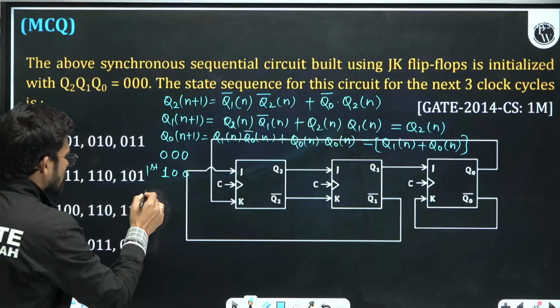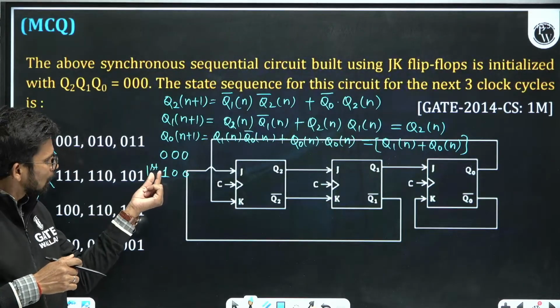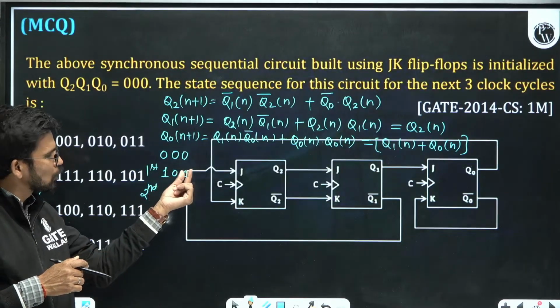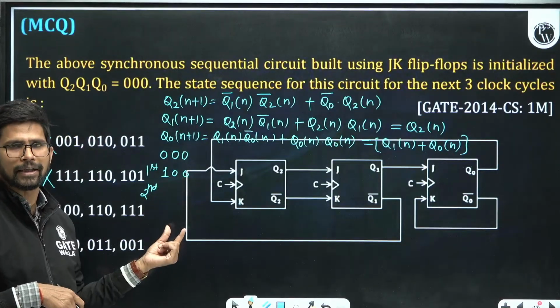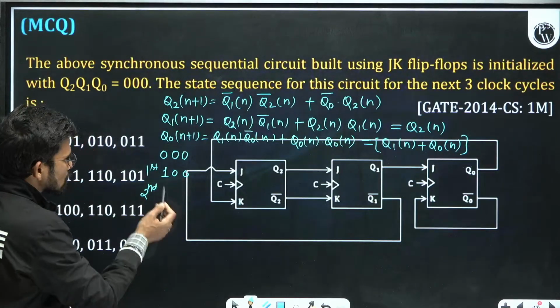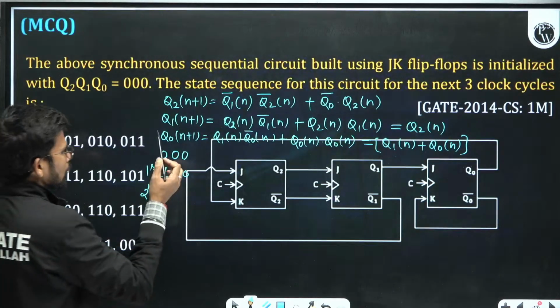Now find out the next state. When the second trigger appears, Q2n is 1, Q1n is 0, Q0n is 0. This is the present state, and whatever I get will be the next state. So what is the value of Q2(n+1)?